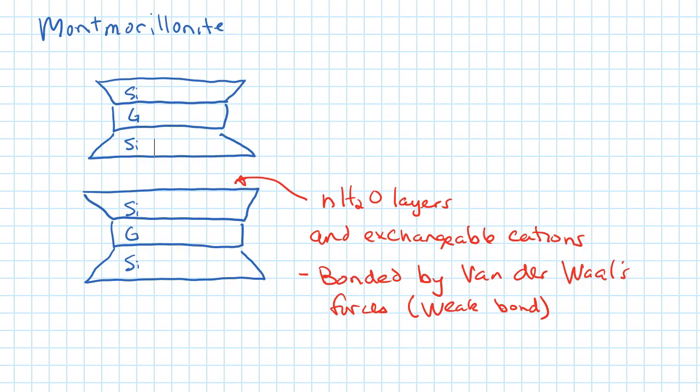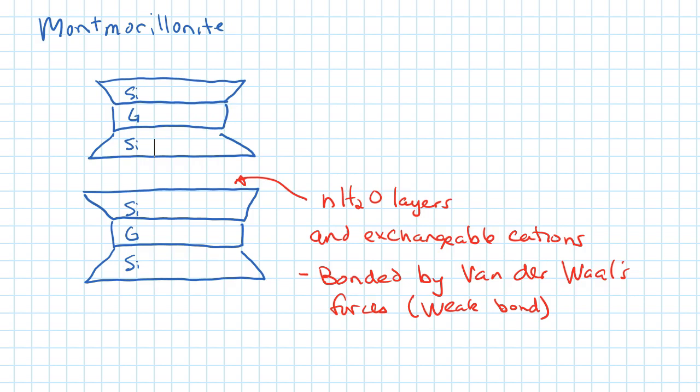Soils with the potential to expand, swell, and shrink significantly as the water content changes, we refer to these types of soils as expansive soils. They can occur anywhere throughout the United States. They are definitely predominant in the southwestern United States, and they can cause significant problems for structures that are built on them, roadways, any type of construction.